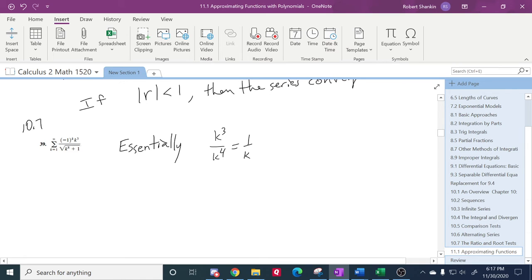Now normally this would be a diverging series because it's essentially the harmonic series, which diverges. Except it's got this alternating sign deal. And so this thing passes the divergence test.